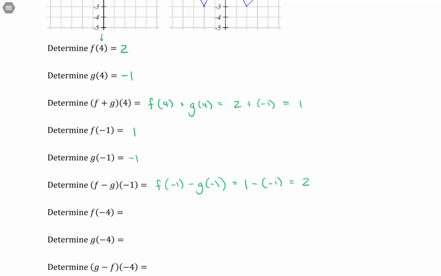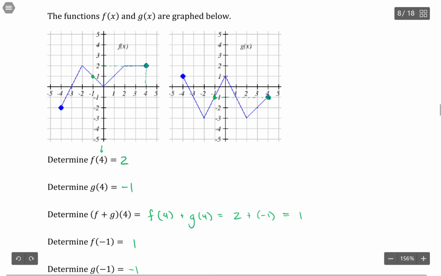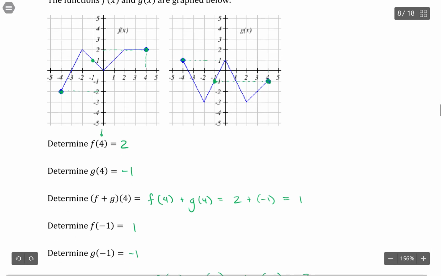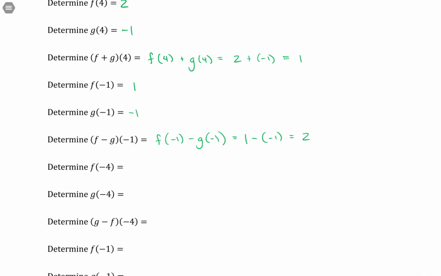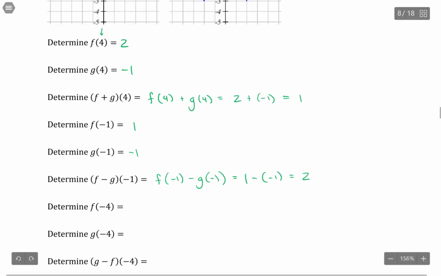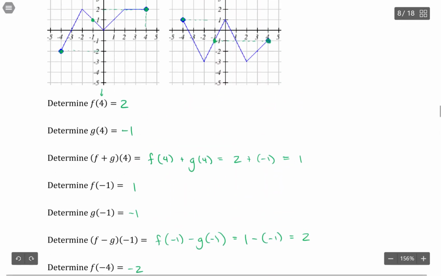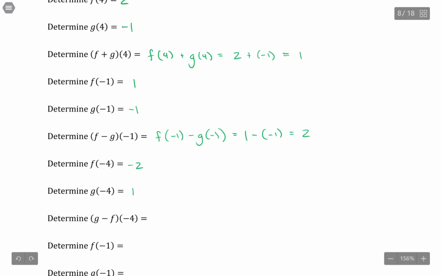Determine f of -4 and g of -4. f of -4 is this point here, which has a y value of -2. g of -4 is this point here, which has a y value of 1. So f of -4 was -2, and g of -4 was +1.